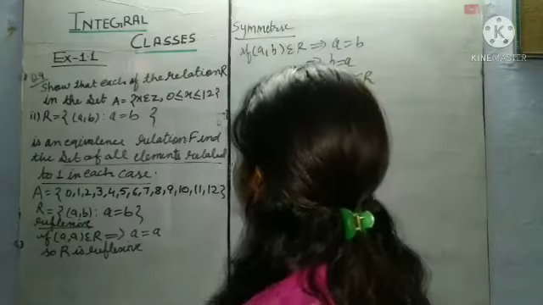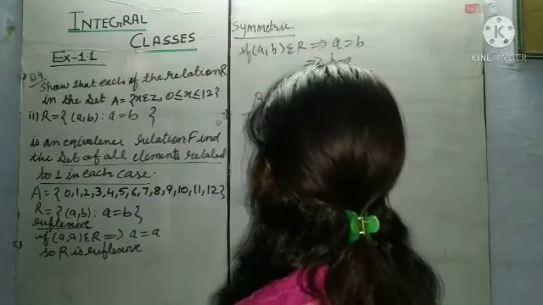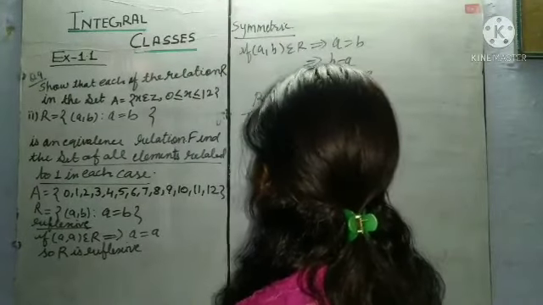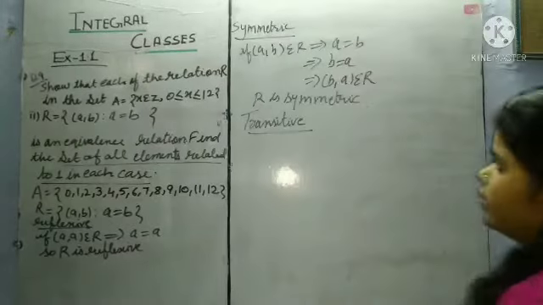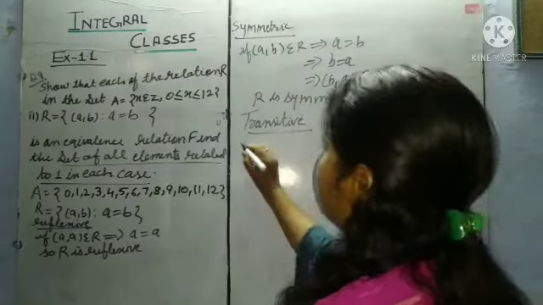Now for transitive, we will take here 3 pairs.